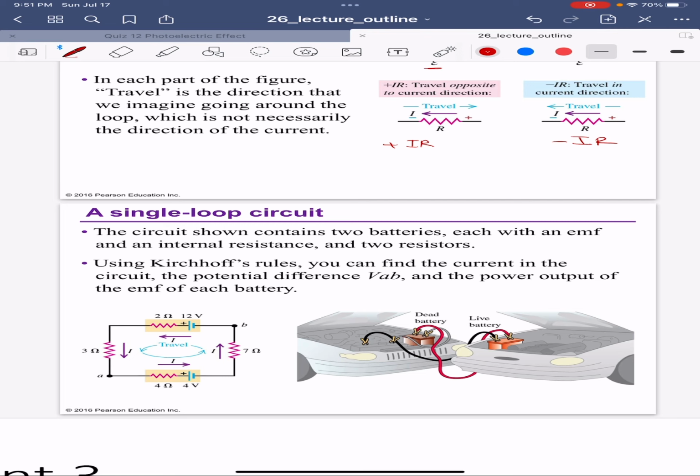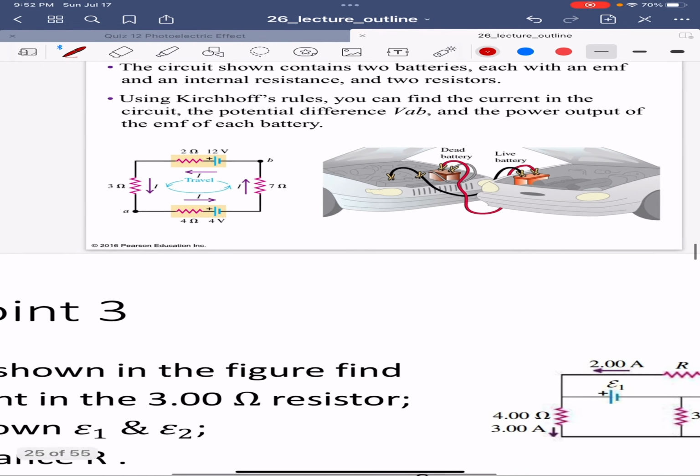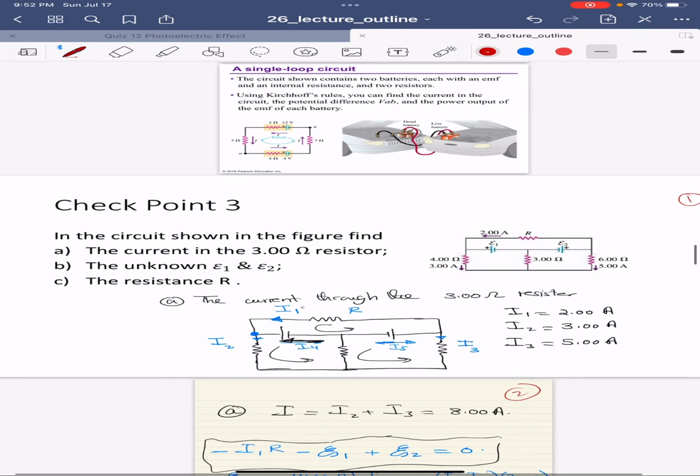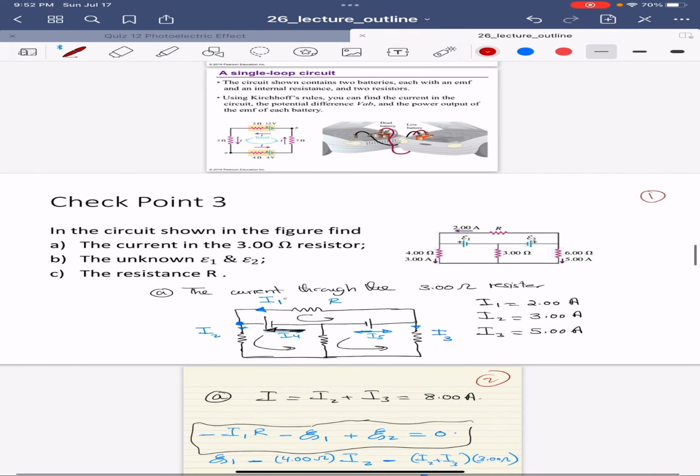When you are using one car battery to charge the other, and using Kirchhoff's rules, you can find the current in the circuit, the potential difference VAB, and the power output of the EMF of each battery simply by applying the rules. I'm going to show you here for a simple circuit how we're going to do that.